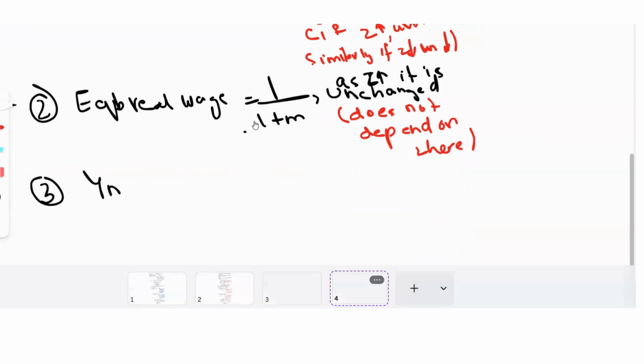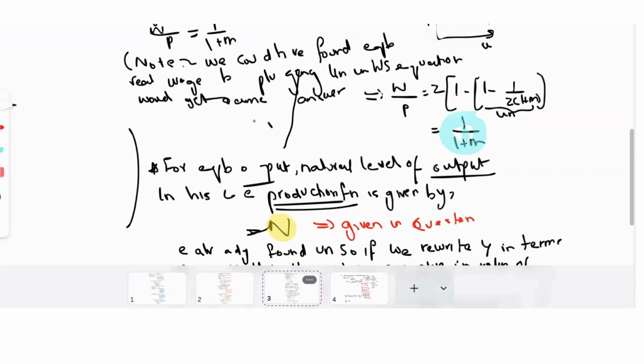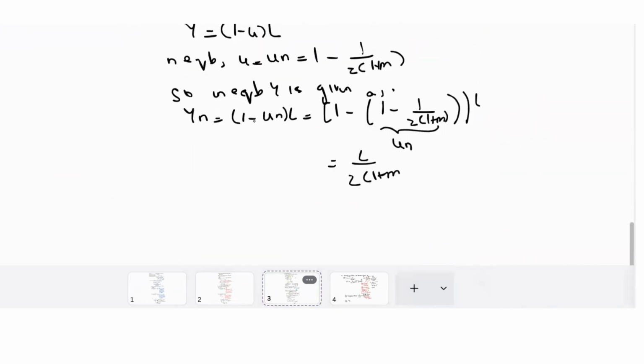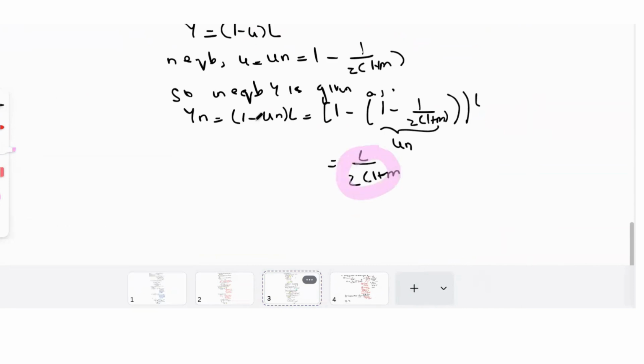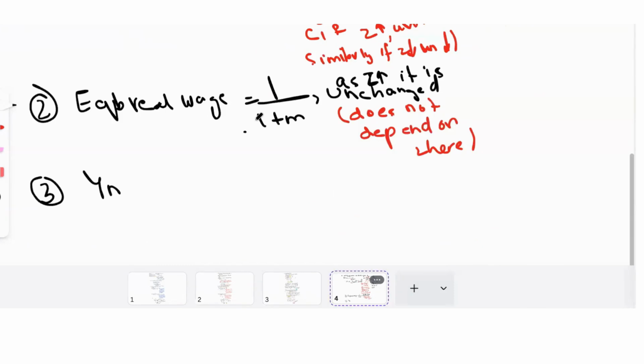So if we go back, we'll see how we found yn over here. So this is the value yn that we found here, L by z, 1 plus m, right? So now let's see what happens to this.